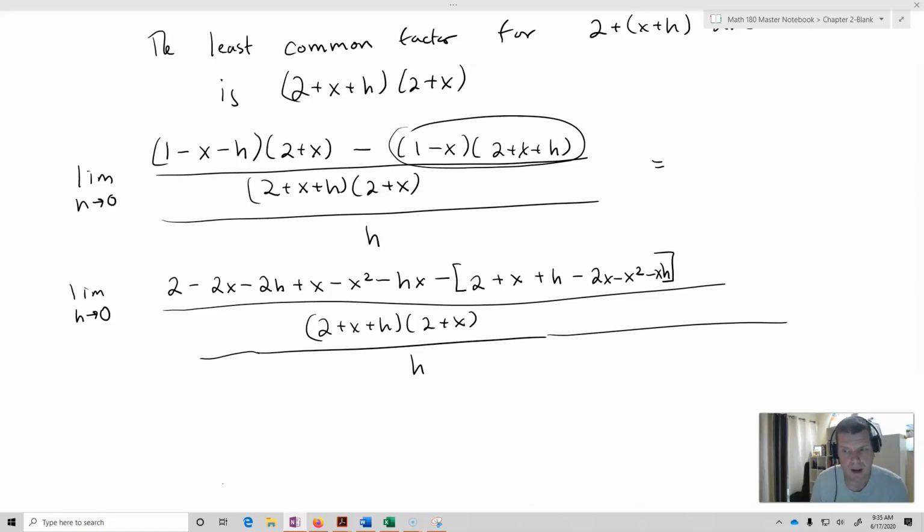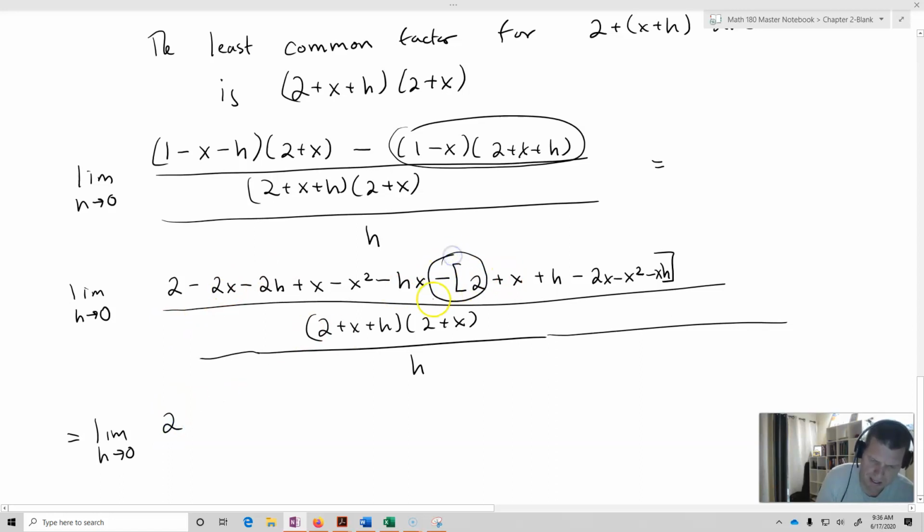So what I want to do now is simplify this. I'm going to hope that everything that doesn't have an h goes away. So this is then going to equal the limit as h approaches 0 of, okay, 2, and you'll see I've got the minus 2, so that's going to go away, right?